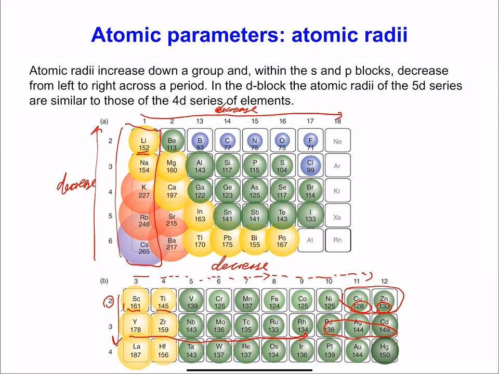But after we move to group 5, looking at the second row here versus the third row here, they have comparable atomic radii, okay. So as you can see, the atomic size trend for the D block is not as clear as for main groups, the S block and P block, okay.